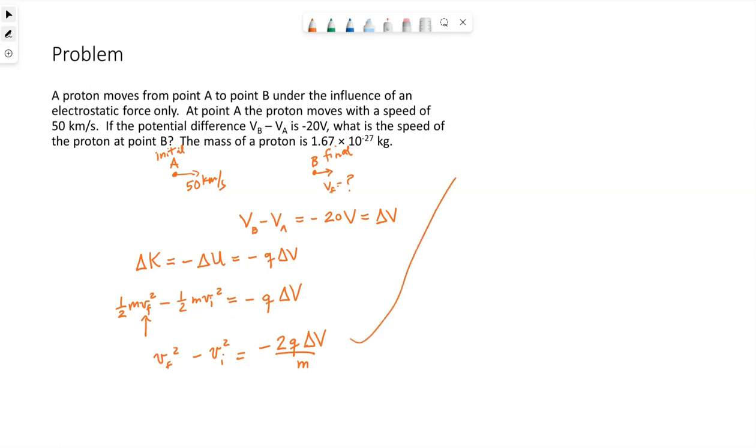So coming up here, v final will be this negative Q delta V over m plus v initial squared, and then square root of all of that.